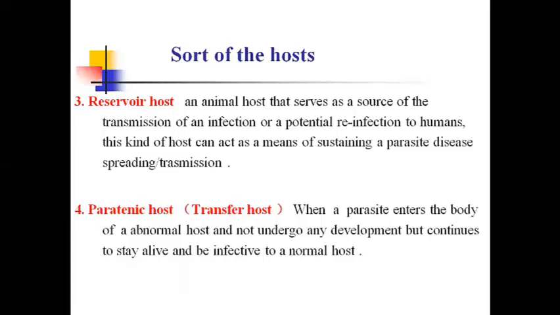Whenever they get a chance to attach to the normal host where they can develop and attain maturity, they go there, complete their development and harm that host. So the paratenic host is just the transfer host.